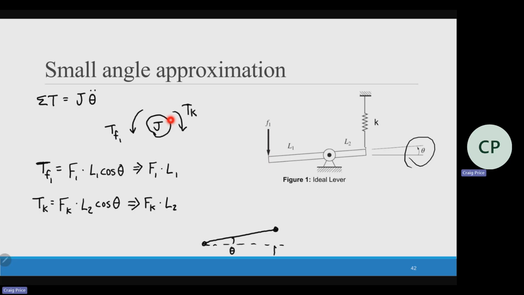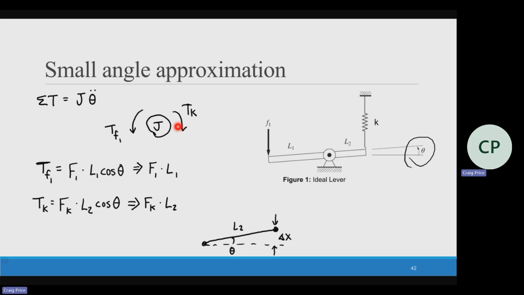What we really want to know for the spring, because it's a translational spring, is what this delta x is for the spring. That's how much it's going to change. This is L2. So what would you say this delta x is?